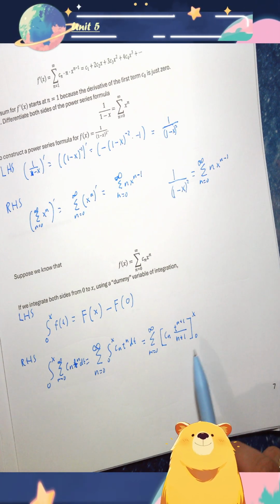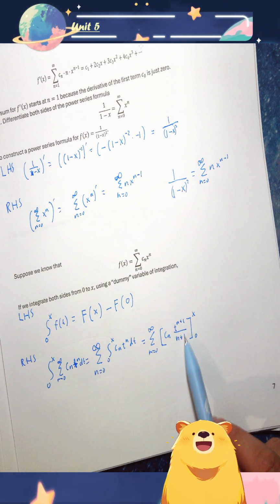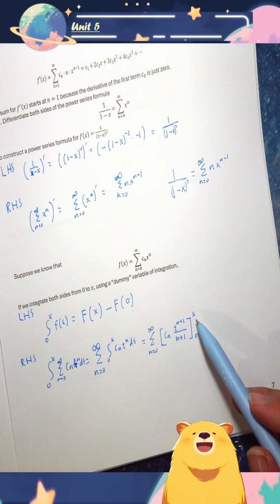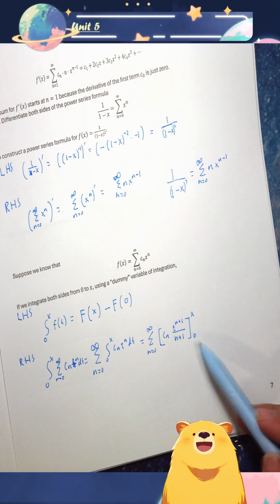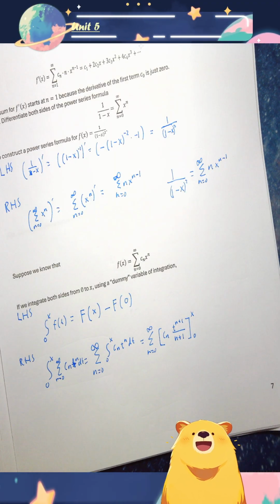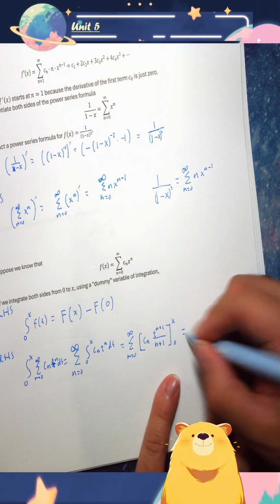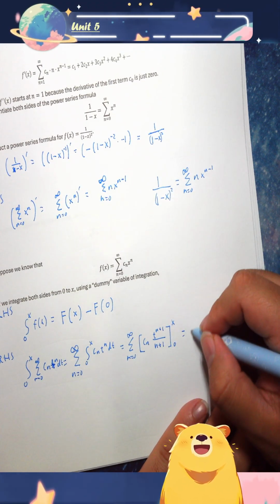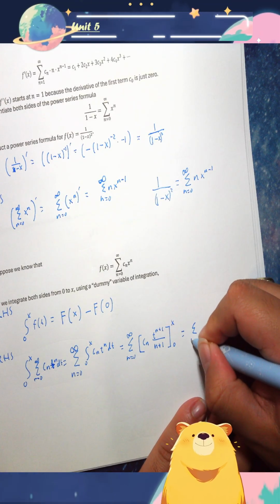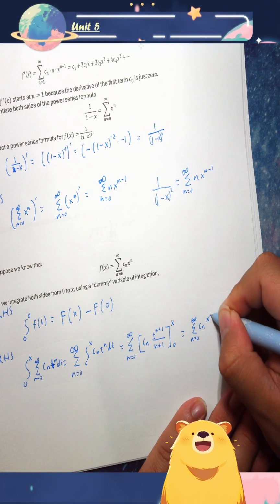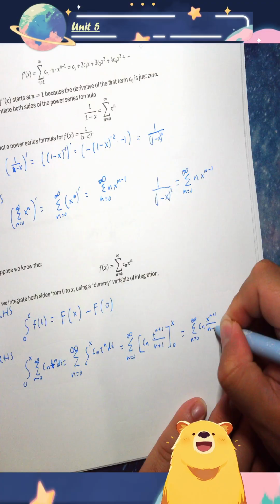If t is 0, then the whole thing cancels out. So you can't really do this of x minus this of 0, because 0 will just be nothing. Minusing 0 is just that. So really, you only need to plug in x: c_n x to the power of n plus 1 over n plus 1.